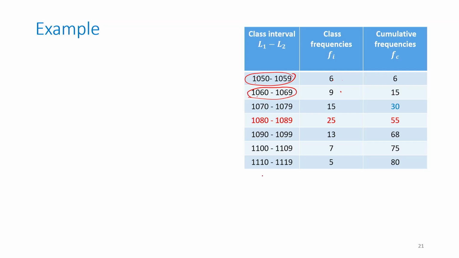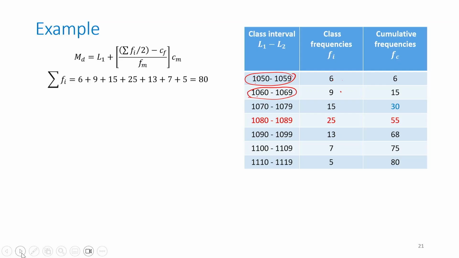Like that, the classes are shown here, and the corresponding frequencies are also shown here. And here we show the cumulative frequencies. Now, using this formula, first we have to find the total frequency. So I add all of them, and this figure is 80.